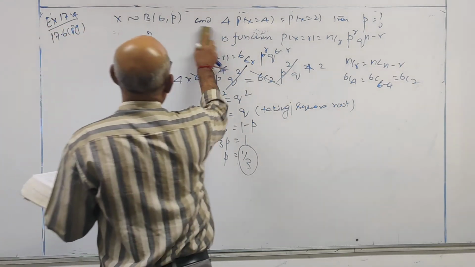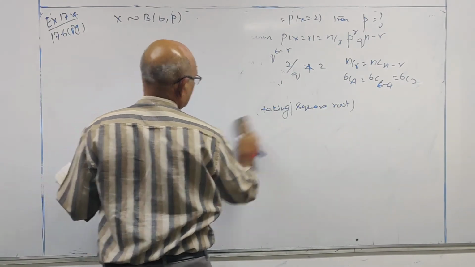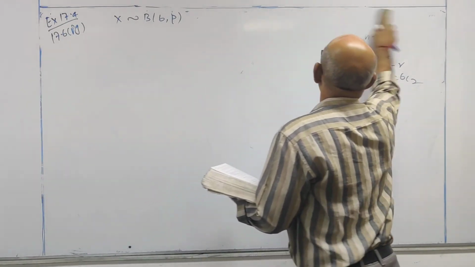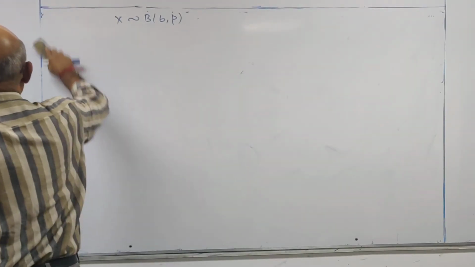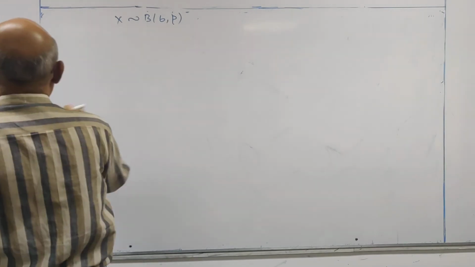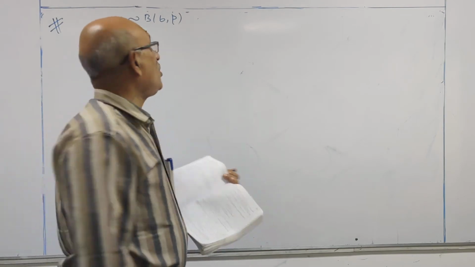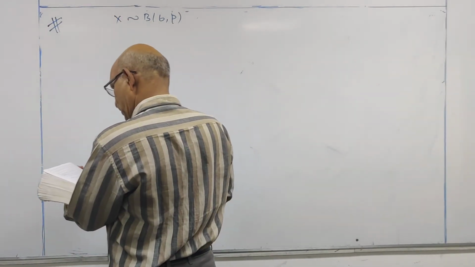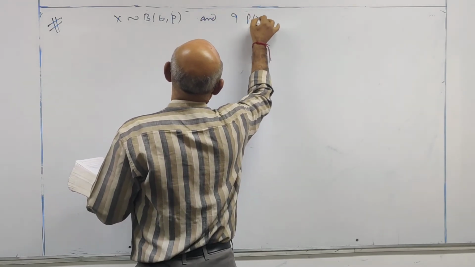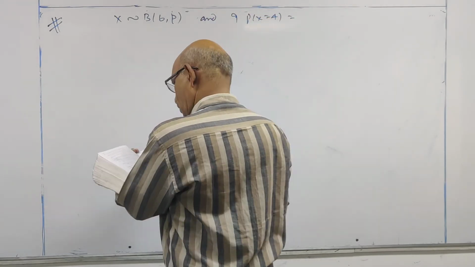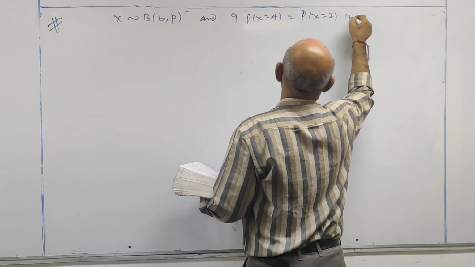Now, look at one more question of this type. X is a binomial variable with the parameters 6 comma p and 9 into probability of x is equal to 4 is equal to probability of x is equal to 2.